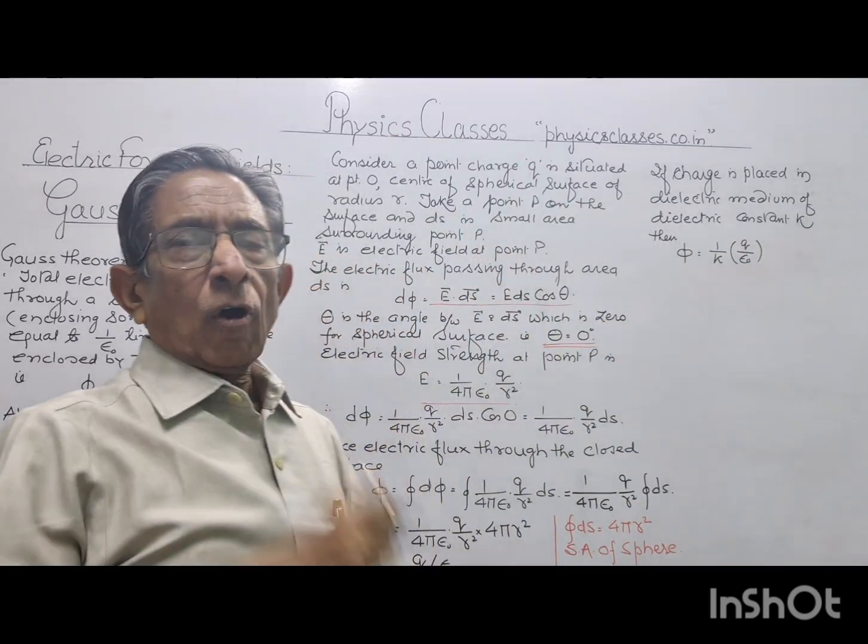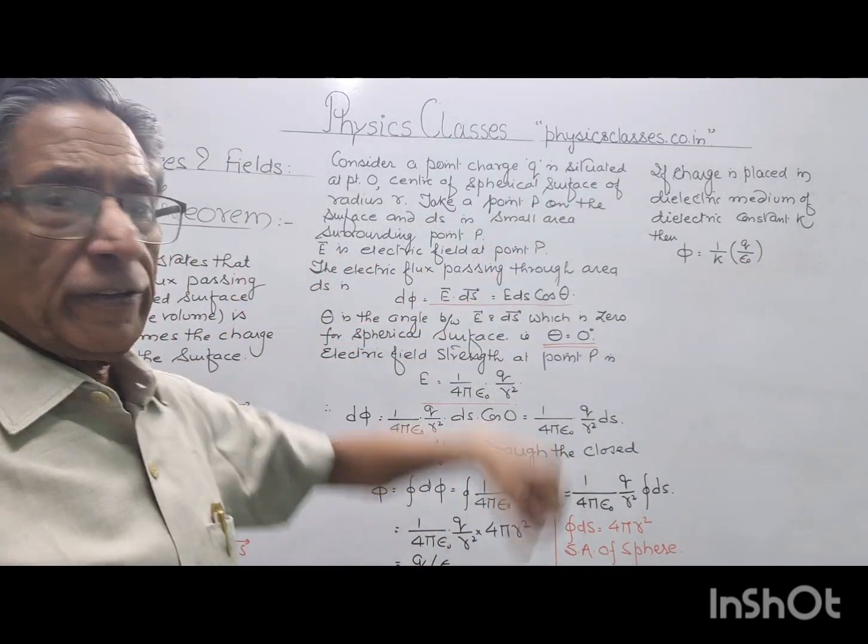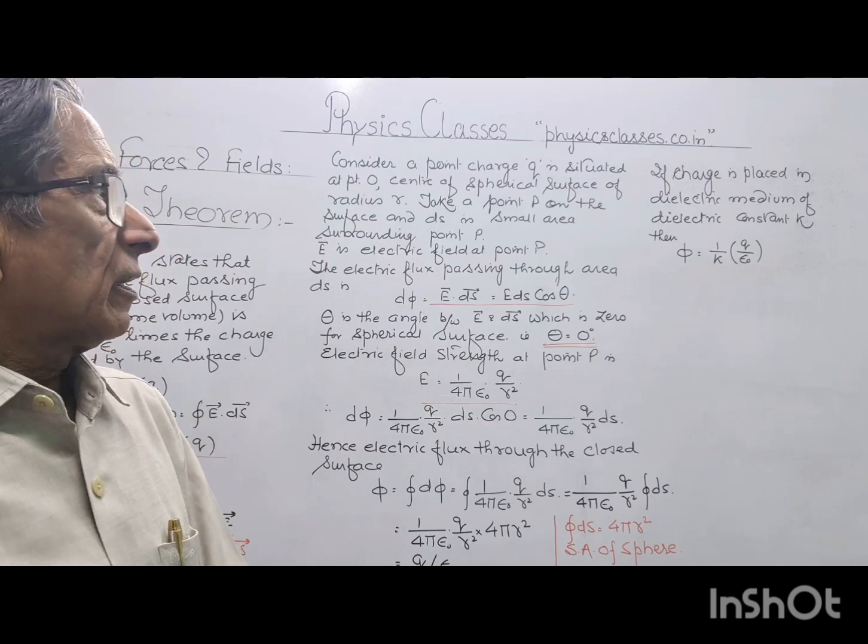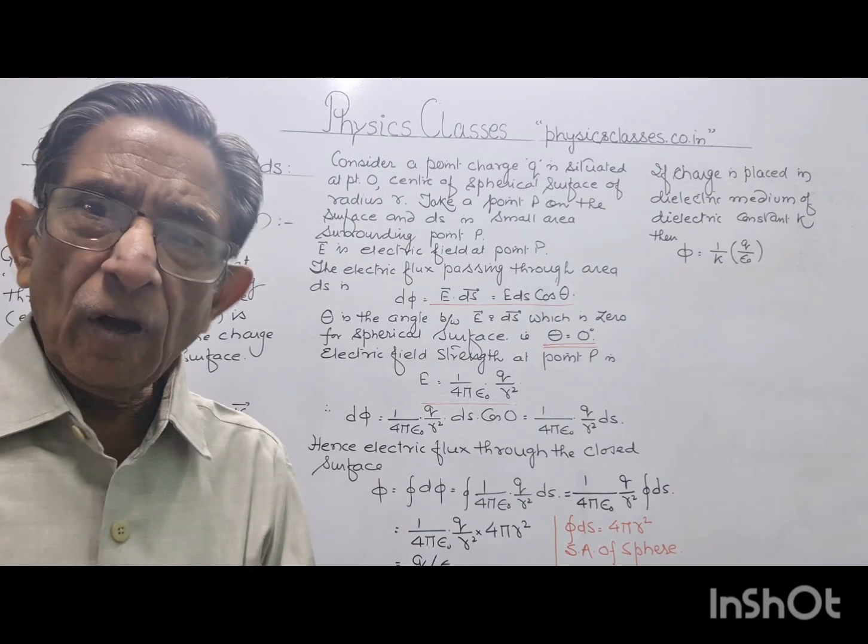Then the electric flux, Gauss theorem becomes phi is equal to 1 upon K Q upon epsilon naught.